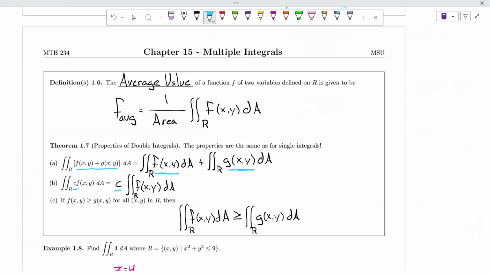And the same idea still applies that if I have one function that's bigger than another function, then the integral of that first function will be bigger than the integral of that other function. Or rather, I should be saying the definite integrals there. Because once I start looking at indefinite integrals, then they're just functions, and there could be some other constant value that gets involved. But again, if I'm just looking at definite integrals, so over some fixed region R that I know, that same inequality is going to hold up.